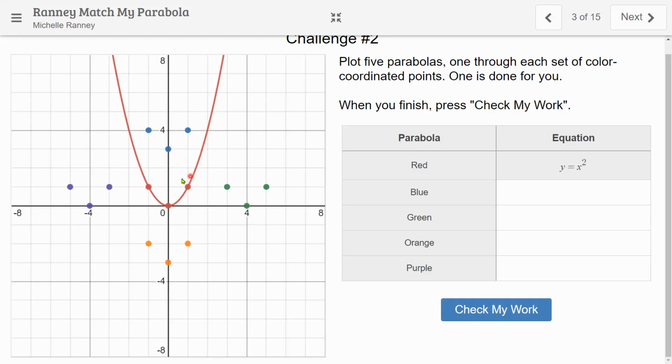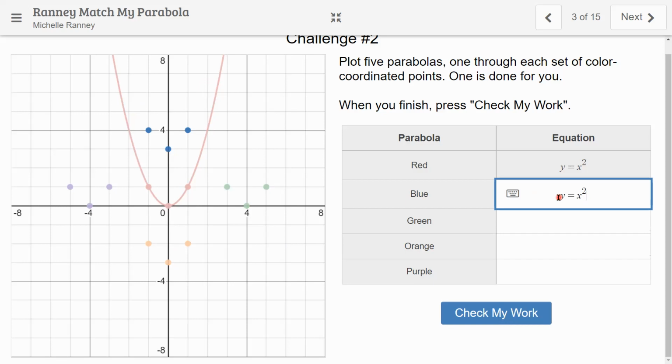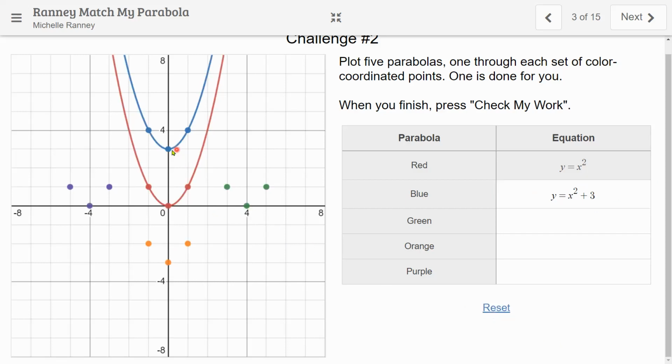On these ones, we're trying to figure out, if I want to keep this parabola as is, my basic x squared, and I want to move it up or down, what's going to happen. For the blue one, I would go y is equal to x squared, and then to get it moved up 3, I'm going to go plus 3, and that's going to shift that whole x squared graph up 3.